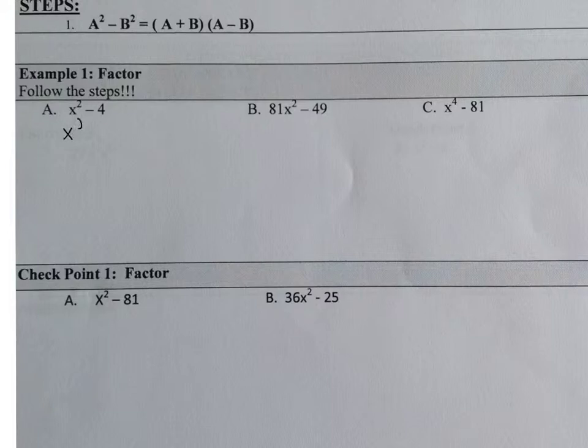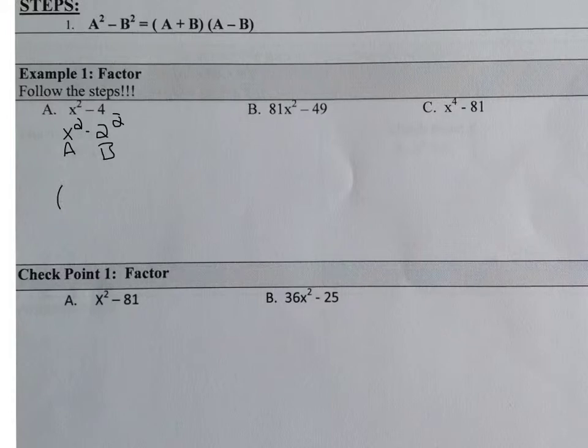So x squared is fine, but 4, you can think of it as taking the square root of 4 to find out what b is. Square root of 4 is 2. Or you can think of it as if we square 2, we get 4. So 2 squared is 4. So I can write 4 as 2 squared.